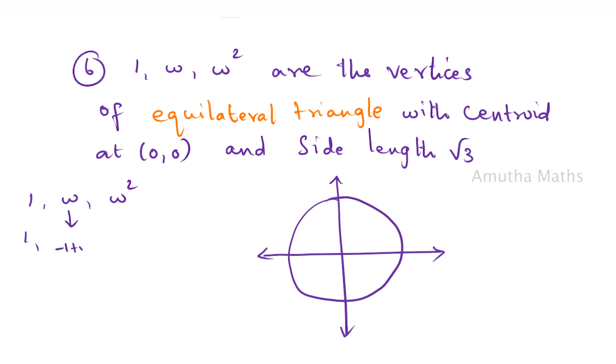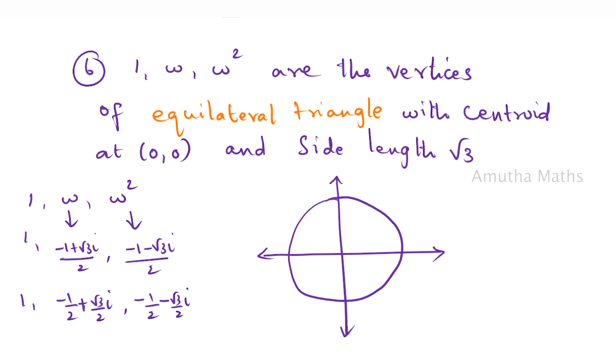Minus 1 plus root 3i by 2. Then what is omega square? Minus 1 minus root 3i by 2. So I can write this as minus half plus root 3 by 2 i, and here minus half minus root 3 by 2 i.